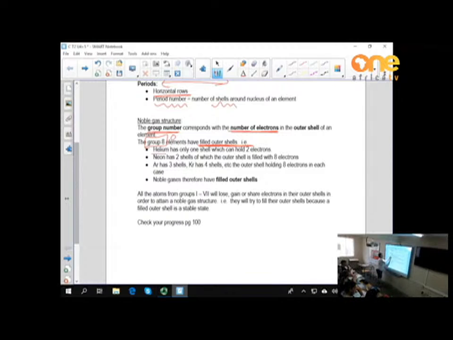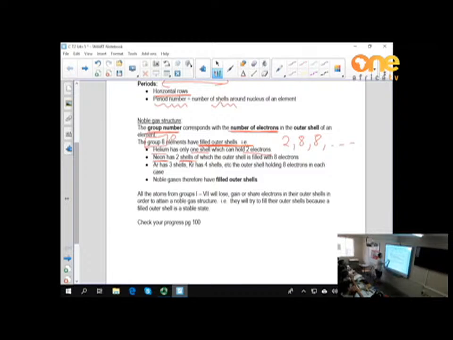Helium only has 1 shell. The first shell we know can only hold 2 electrons. Remember the model that we do? 2 electrons, 8, 8, 8, etc. All right. After helium, we get neon. It has 2 shells. So the first shell will have 2 electrons, and the second shell will have 8 electrons, filling it up.